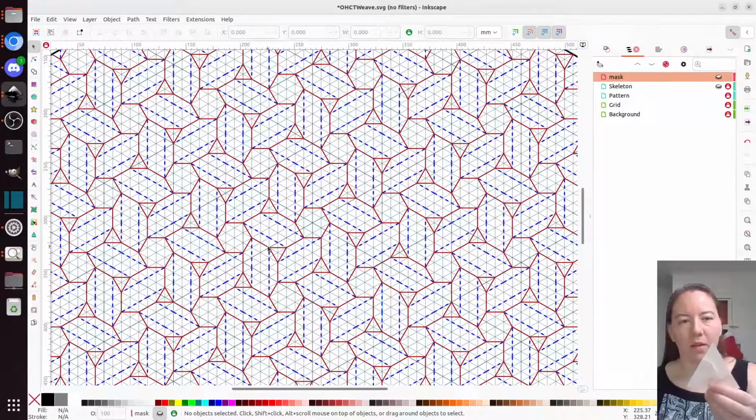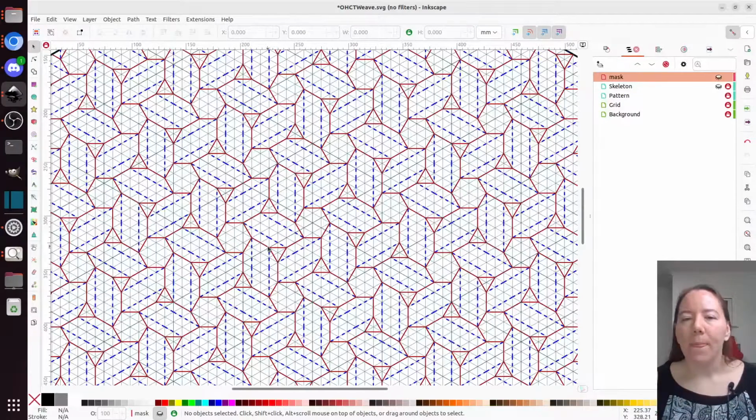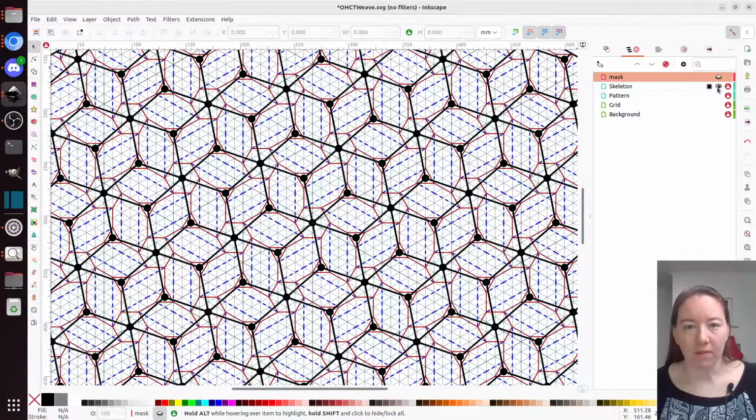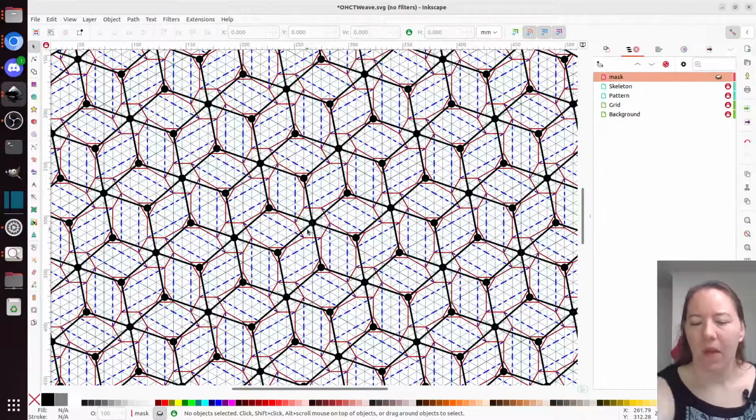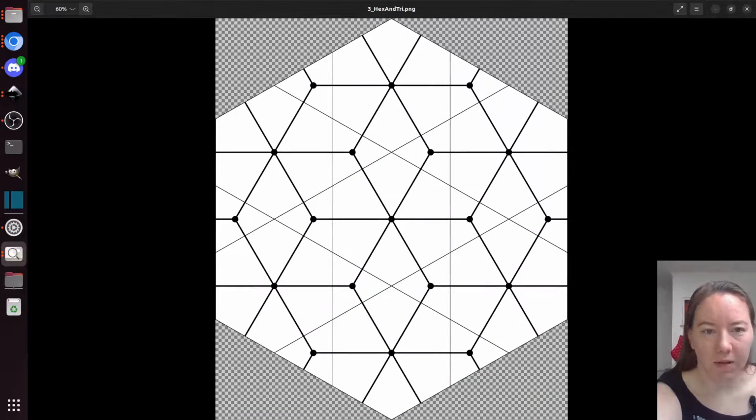And that's the closed triangle that I was showing earlier. And each of those triangles is connected to 3 hexagons. So if I show the skeleton of this, we see exactly that same rhombus, flowery connections that we saw in the skeleton of the tiling itself.